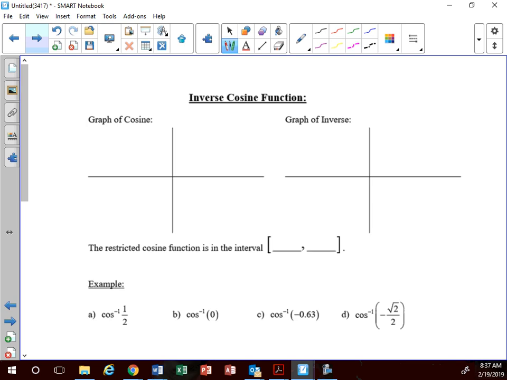Okay, turn the page for me. You're going to graph cosine for me. And then once you have cosine graphed, see if you can graph the inverse of it.